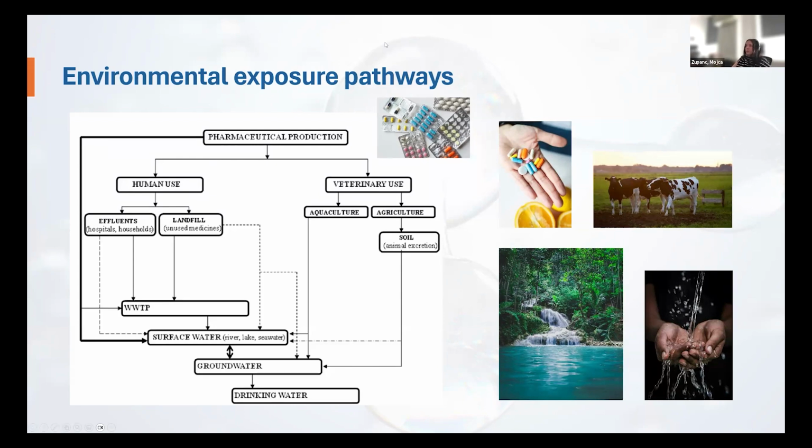Two examples of indirect input are after they have been used for therapy, or when they are improperly disposed of in landfills. So in indirect input from therapeutic use, a mixture of these unaltered pharmaceuticals and their metabolites can enter the environment from hospital waste effluents, household drains, and from pharmaceutical production facilities.